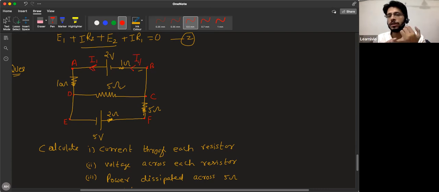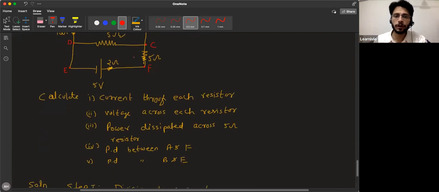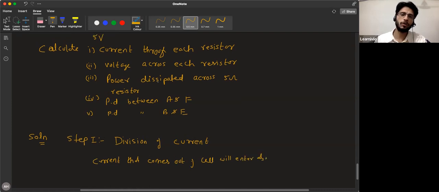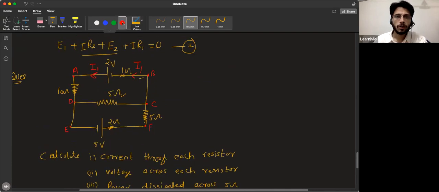So the current which comes out of the cell will enter the cell. That's the first rule. In the division of current, always keep in mind that the same current will go out and come in.